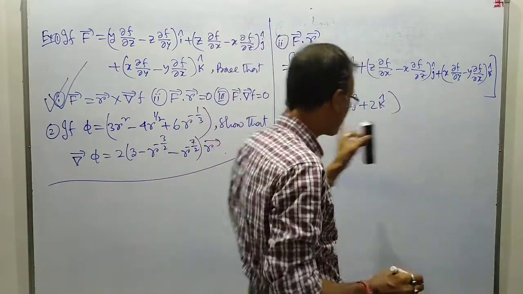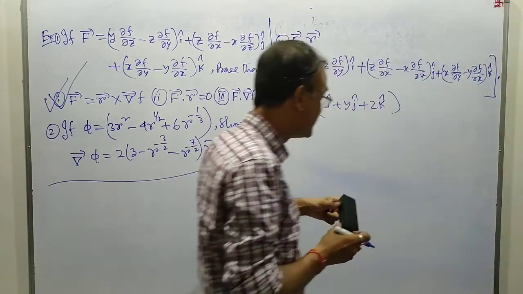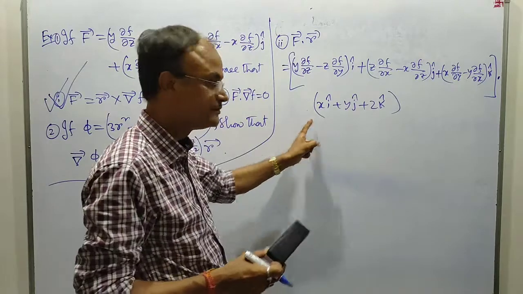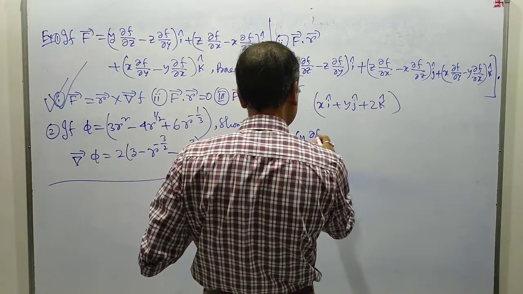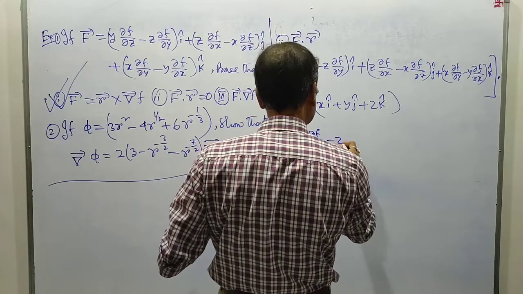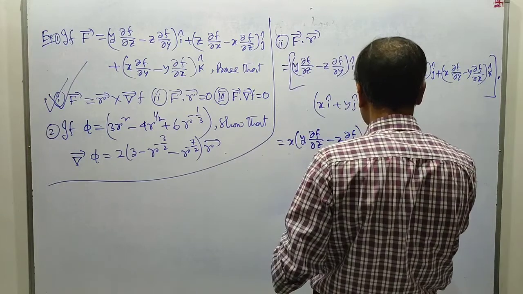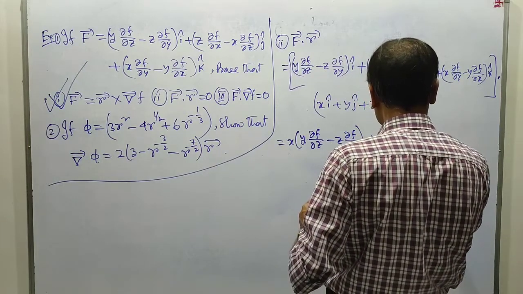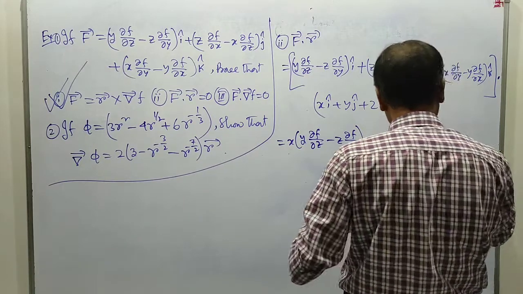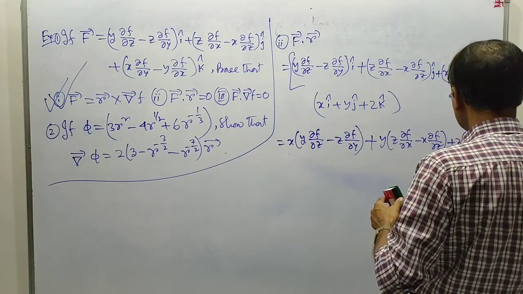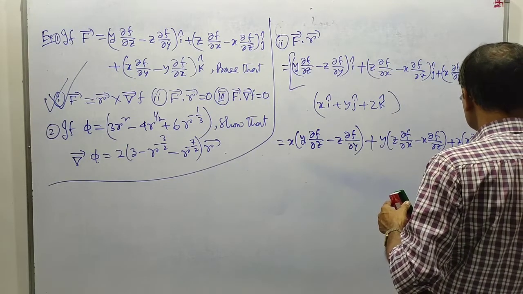This vector dot this, you may write here also dot. This dot this is equal to x into (y ∂f/∂z minus z ∂f/∂y) plus y into (z ∂f/∂x minus x ∂f/∂z) plus z (x ∂f/∂y minus y ∂f/∂x).